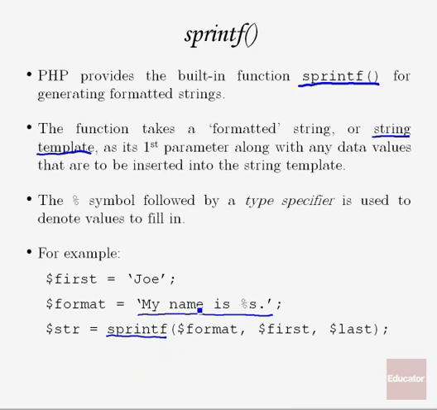It's a normal string containing string data, but then it has this special modifier in here, % followed by an s, which says that when you use this string with the sprintf function, it's going to replace that %s with a string variable that you also provide to the function.